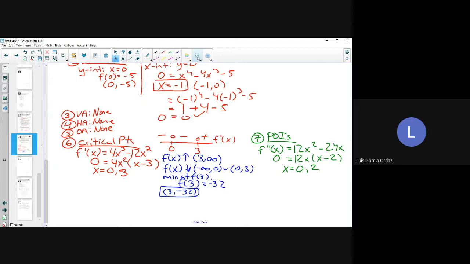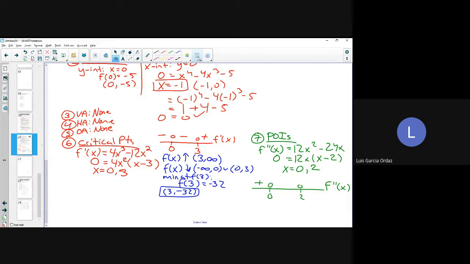So now I'm going to draw my sign chart. I'm going to have it at 0 and at 2. Remember, these are all defined, which means that I have a point of inflection at those values. If I sub in a value in my second derivative that is less than 0, which is -1, I will get a positive.